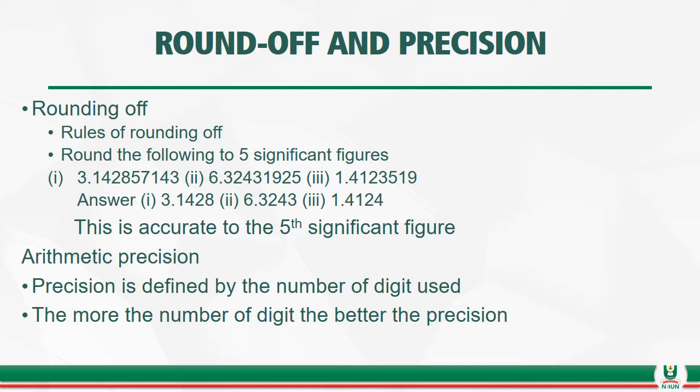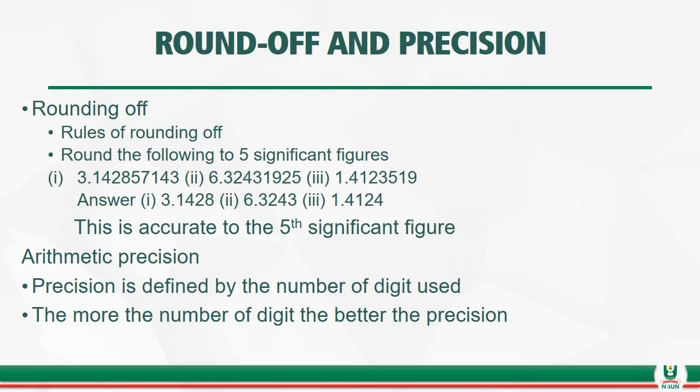But if the number that precedes it is an odd number, then we add 1 to it. So as it is, the number after 8 is 5. But 8 is an even number. Therefore, we do nothing. If we are to round off 3.142857143 to 5 significant figures, then we have 3.1428, and that is in 5 significant figures.